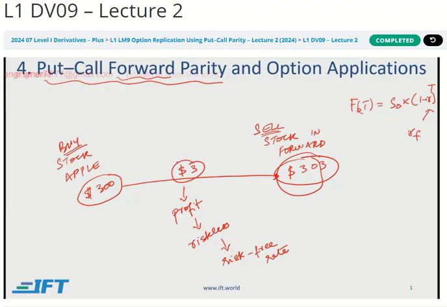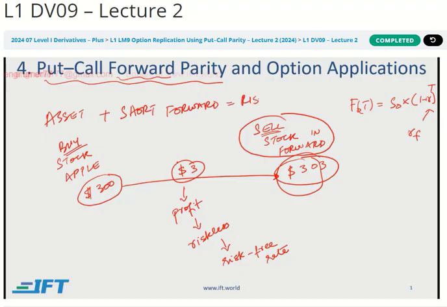So what we can say is that an asset plus a short position in a forward, because we are selling this forward, so this is a short forward, is basically giving us a risk-free rate, or we can say a risk-free bond.